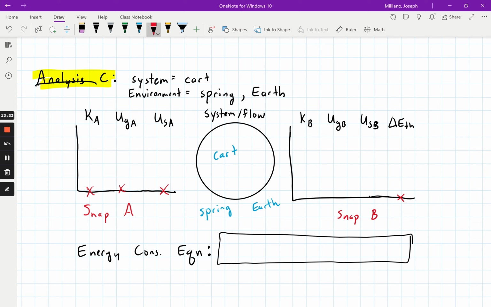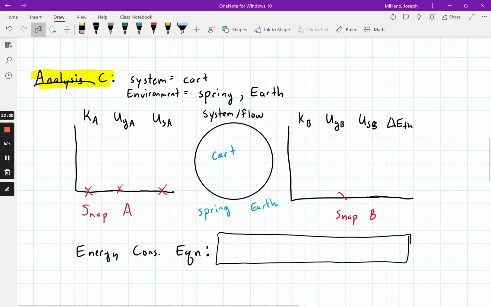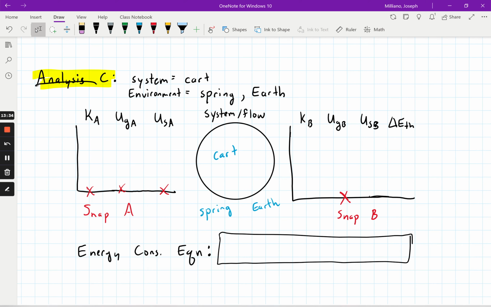The cart can only ever have kinetic energy. It can't have gravitational potential energy alone. That's always energy stored in the interaction between the cart and the earth, which is now outside of the system. Can't have spring potential energy on its own. There's smooth tracks still. And so the amount of kinetic energy didn't change. It's still the 1.5 blocks of kinetic energy in the end because the cart speed is still what it's been in the previous 2 analyses.